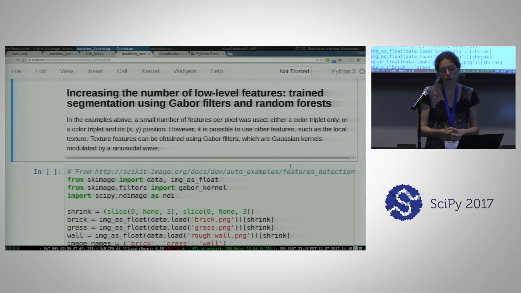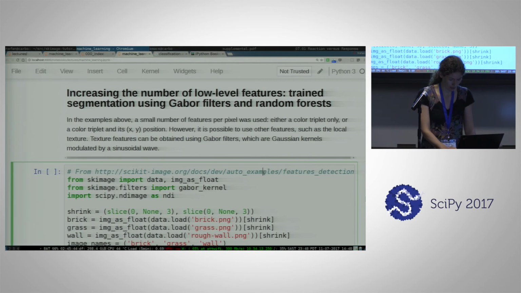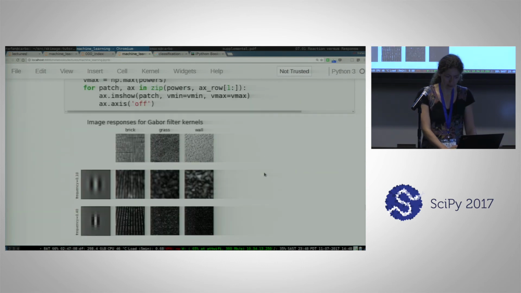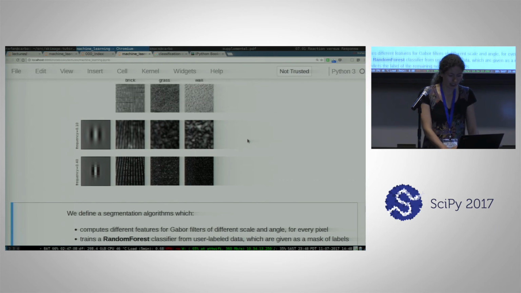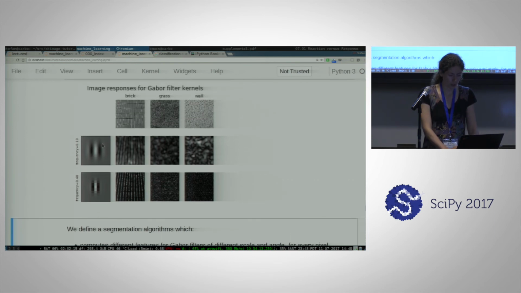And also we will not do clustering, we will solve the classification problem, meaning that we will have a training set of pixels that will be labeled by the user, and the algorithm will learn the class of the non-labeled pixels. So for this example, I'm going to skim over it very briefly, just to explain to you what are Gabor filters.